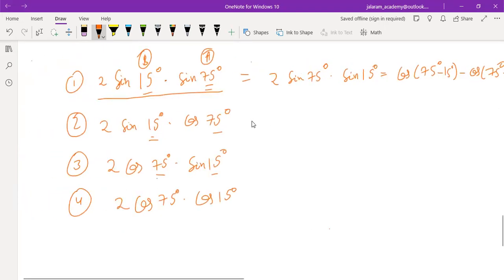Similarly, we can find 2 cos A sin B also. In this also we will take A equals 75 degree and B equals 15 degree.